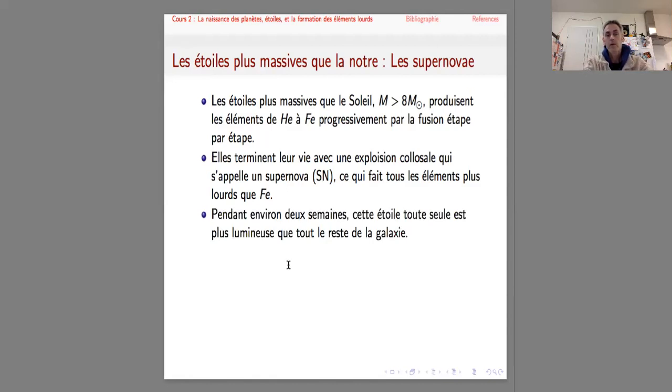So a little more about this explosion. It's a dramatic event. It only lasts a couple weeks, but during this period, the exploding star will be brighter than the rest of its host galaxy. I'm assuming a typical galaxy like our Milky Way galaxy.